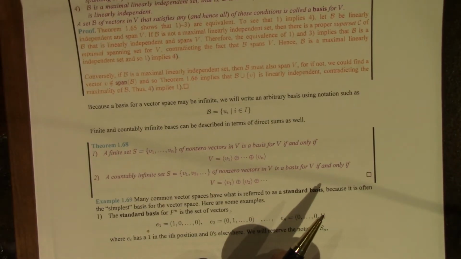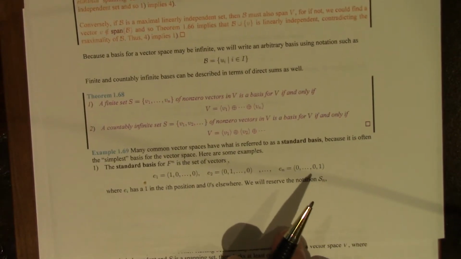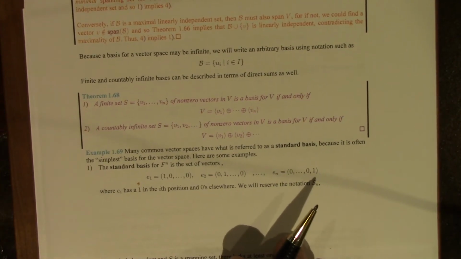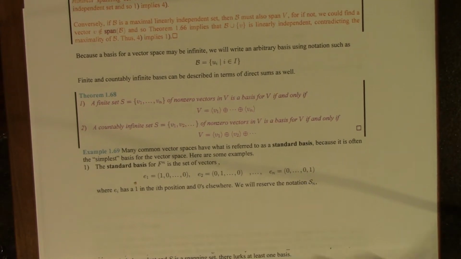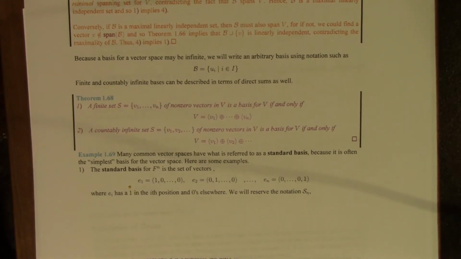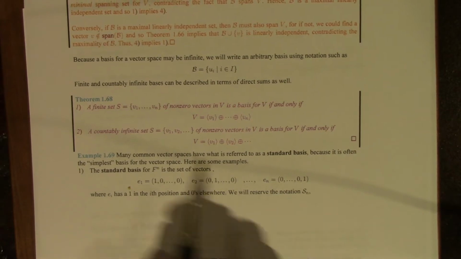Many common vector spaces have what is referred to as a standard basis. I guess because often it's the simplest basis to use, but it's generally by no means the only basis, and oftentimes it's not the appropriate basis.